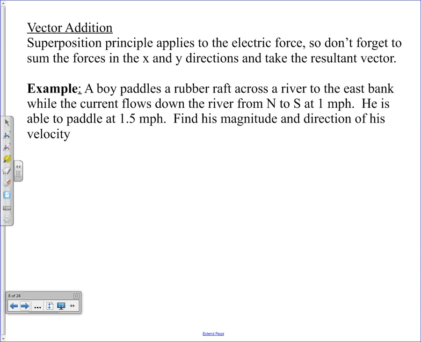Okay, so the current is traveling from north to south. Remember, we've got north, south, east, west, and the length of that vector is 1 mile per hour. He is traveling toward the east at 1.5 miles per hour. And we need to find his resultant velocity.